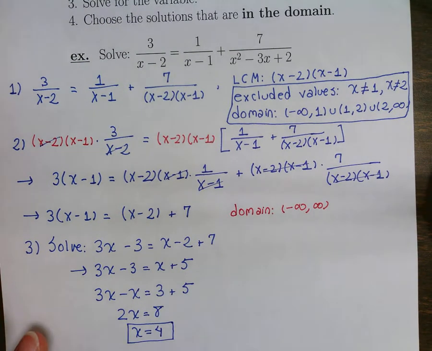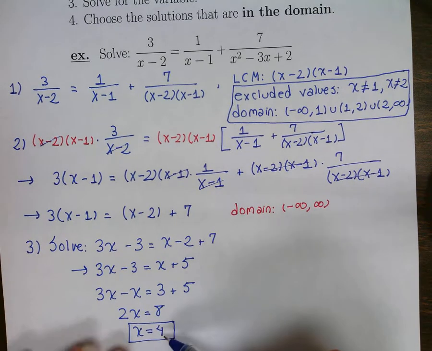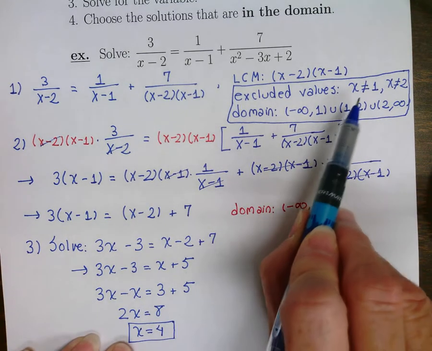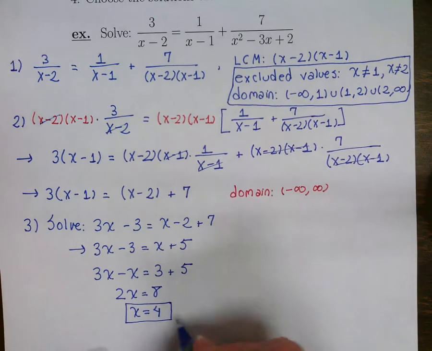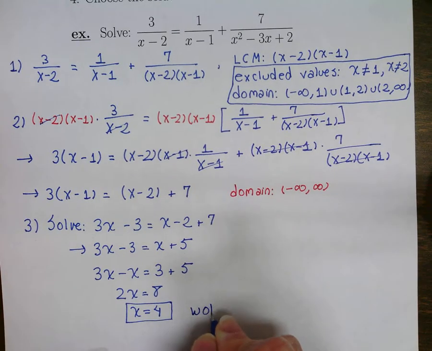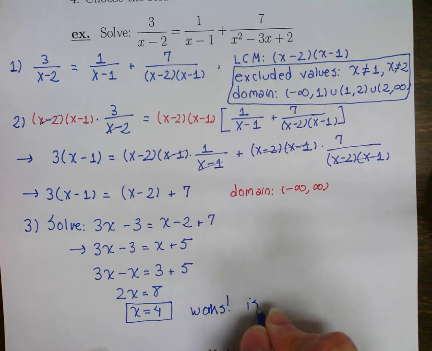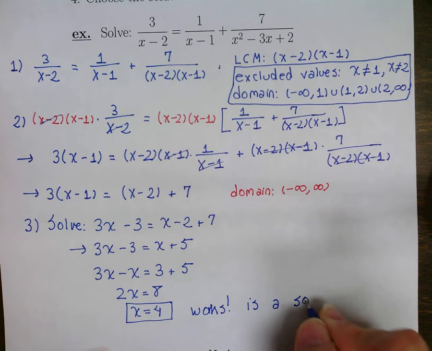Okay? And when I look at that, I see that we have one solution. Let's look at the excluded values. It's not 1, it's not 2, so it works. It is a solution.